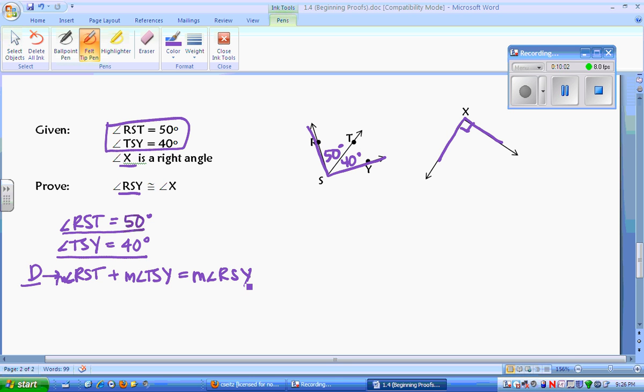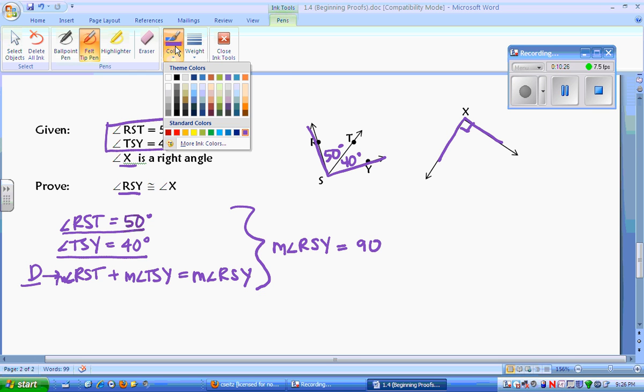Okay, these two pieces, RST and TSY, equal the entire angle RSY. Okay, so what I'm going to do is substitute 50 in here, 40 in here, and now I can say measure of angle RSY is 90.